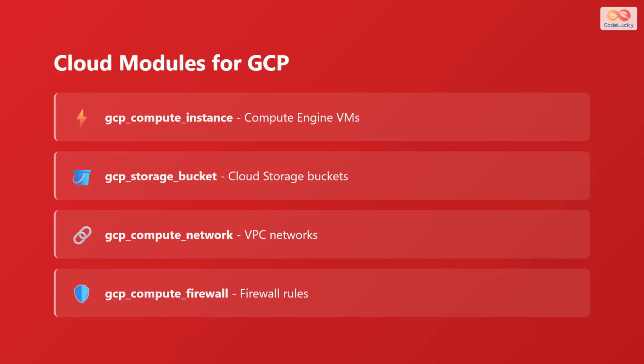The gcp_compute_firewall module manages firewall rules to control traffic to and from your instances. These modules follow the same simple YAML syntax, making it easy to manage multi-cloud environments with consistent automation code.